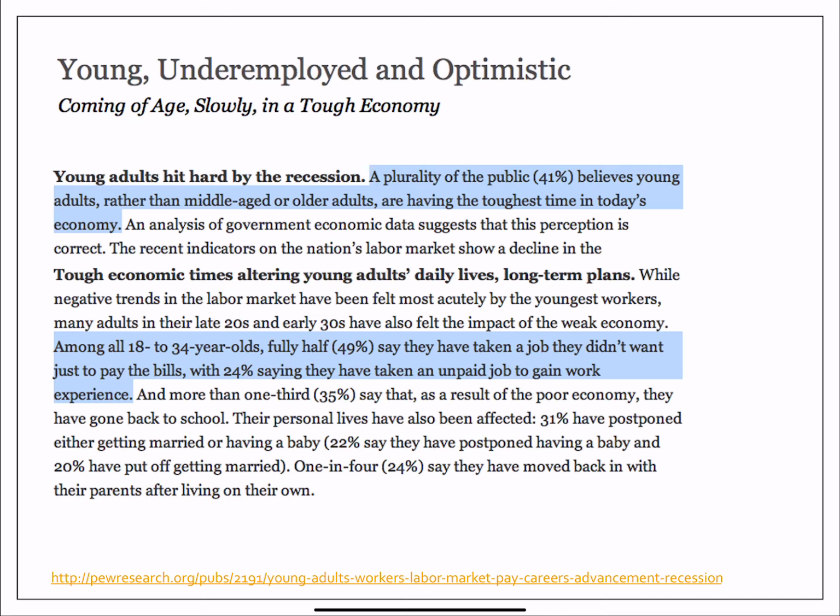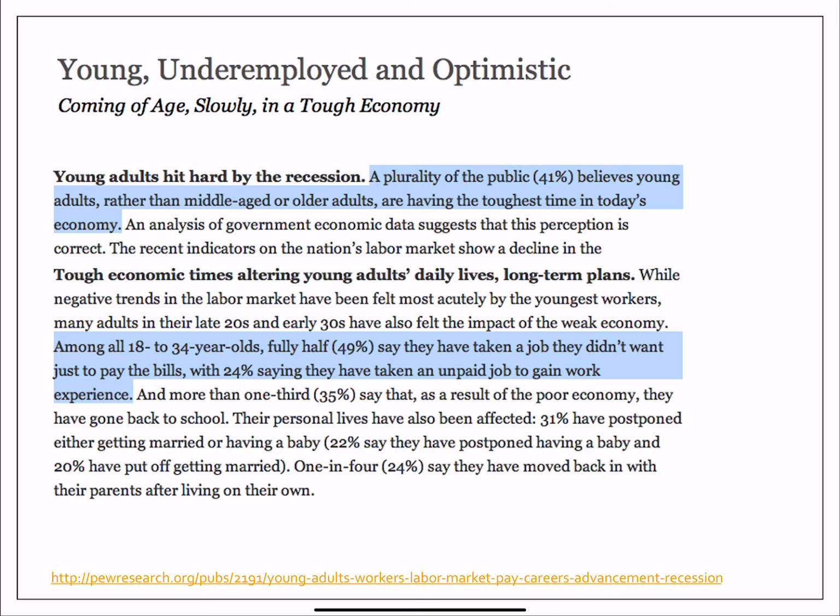Among all 18 to 34-year-olds, fully half, 49%, say they have taken a job they didn't want just to pay the bills, with 24% saying they have taken an unpaid job to gain work experience. And more than a third, 35%, say that as a result of the poor economy, they have gone back to school. Their personal lives have also been affected. 31% have postponed either getting married or having a baby. 22% say they have postponed having a baby, and 20% have put off getting married. One in four, 24%, say they have moved back in with their parents after living on their own.